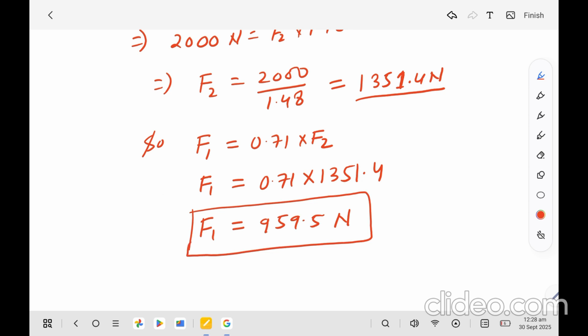Okay, so we can estimate the forces F1 and F2 if the resultant force is given and one of the angles of R with P or Q is given. Okay, thank you.